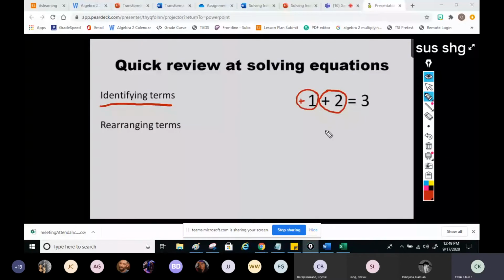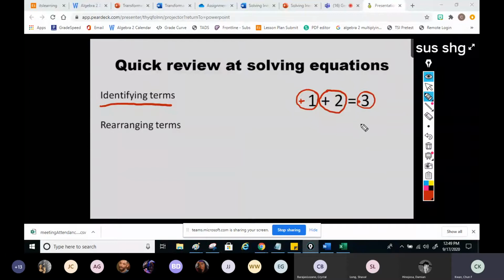And this is another term. And right here you have one more term, positive 3. I want you to be able to identify a term. A term is the number with whatever symbol in front of it. So right here we have positive 1, that is one term. Positive 2, that is another term. Positive 3, that is another term. That's the first thing you want to do.